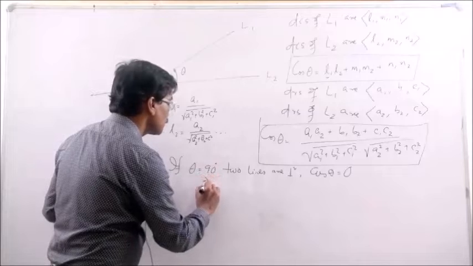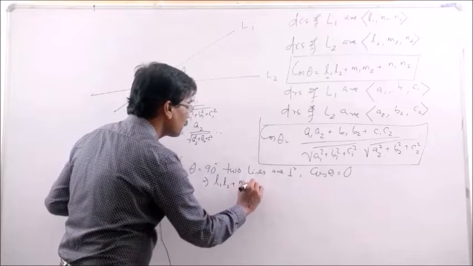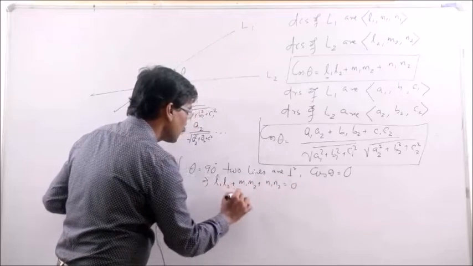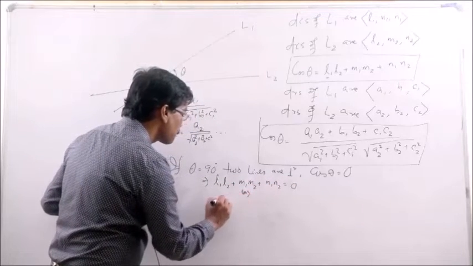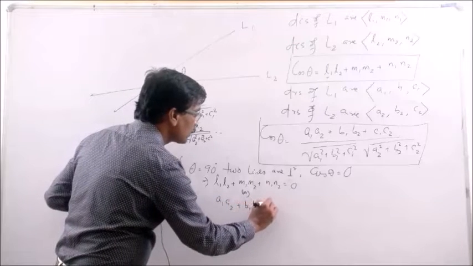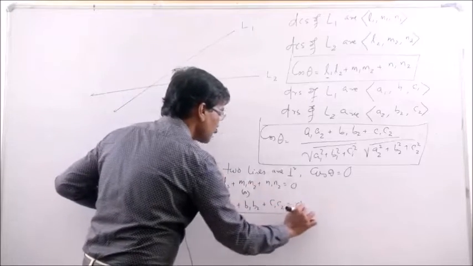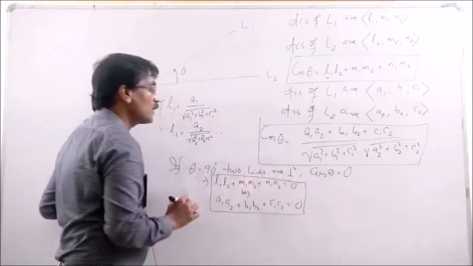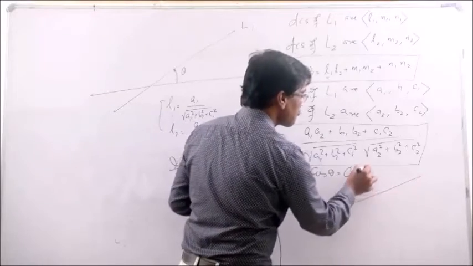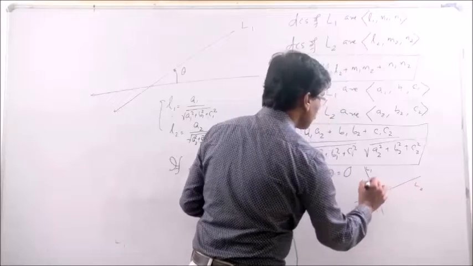So, this implies l1 l2 plus m1 m2 plus n1 n2 is equal to 0, or a1 a2 plus b1 b2 plus c1 c2 is equal to 0. So, two lines are perpendicular, L1 is perpendicular to L2.